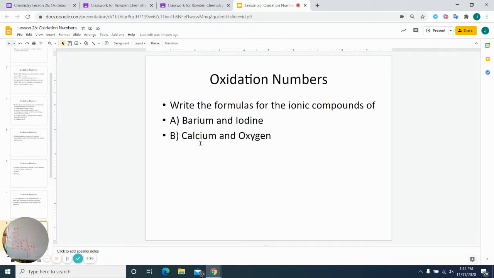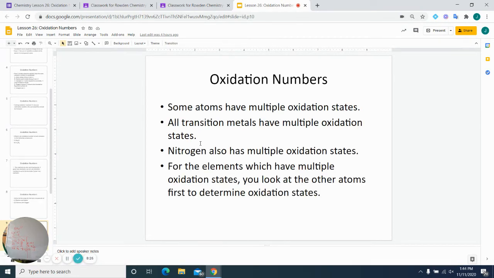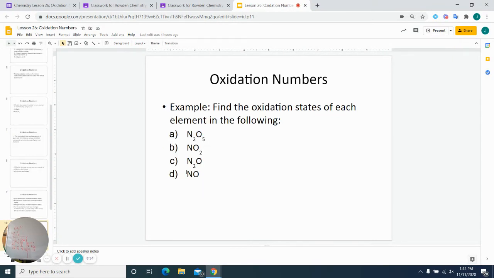So what we can do, actually, I'm just going to skip this. We did this in the last lesson. So, things like sulfur we did, nitrogen can have a bunch of different oxidation states. There's multiple elements that can have more than one oxidation state, depending what they're bonded to. So let me do this example.